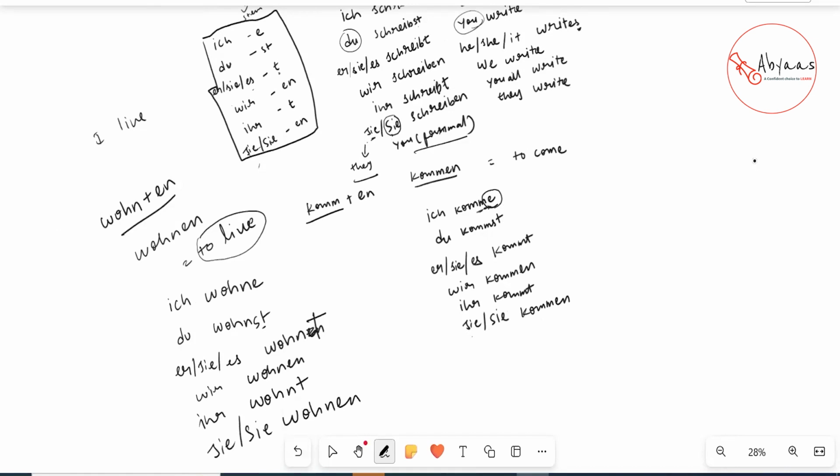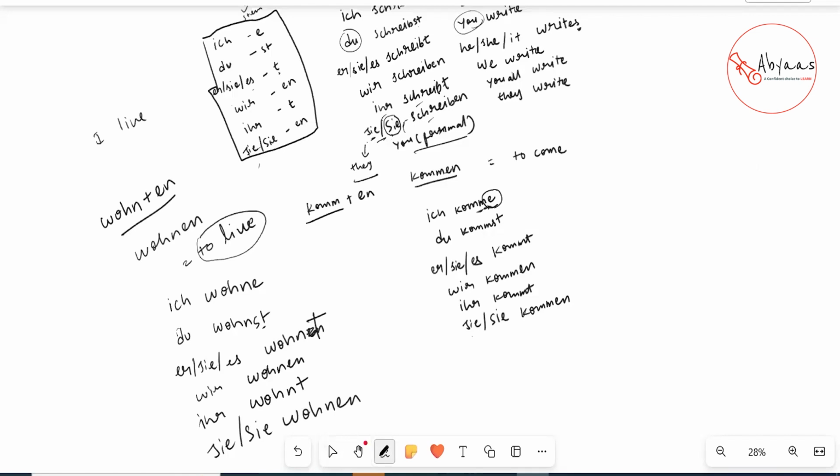Over here, I won't recommend you to put any type of dashes or gaps because this is a small sentence. I write, I live. Small sentence. So there shouldn't be any gap. Maximum, you can write this one with a capital because of the sentence beginning. But over here, I'm not writing it, just to make sure you understand the difference between you.